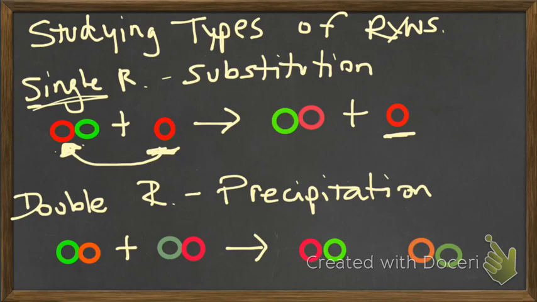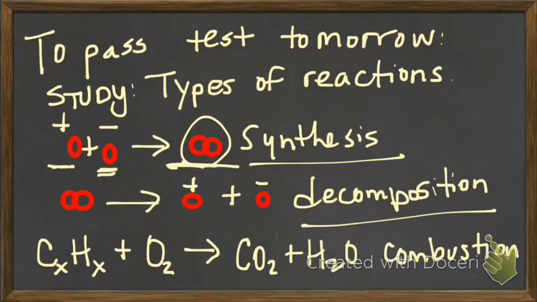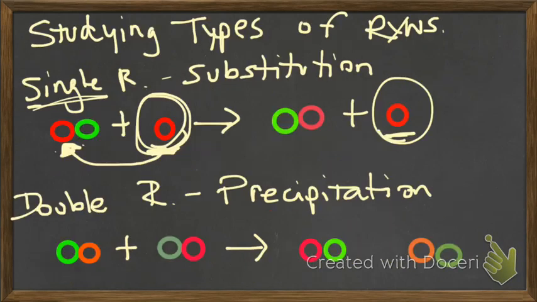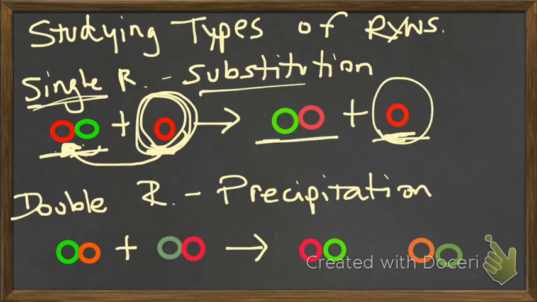So anytime you have this single ion on either side, and it's not a combustion reaction, remember combustion, where your elements are always the same, so if you do have a replacement reaction that is not including oxygen and a hydrocarbon, then you have a couple and a singlet left at the end. This is a substitution or single replacement reaction.